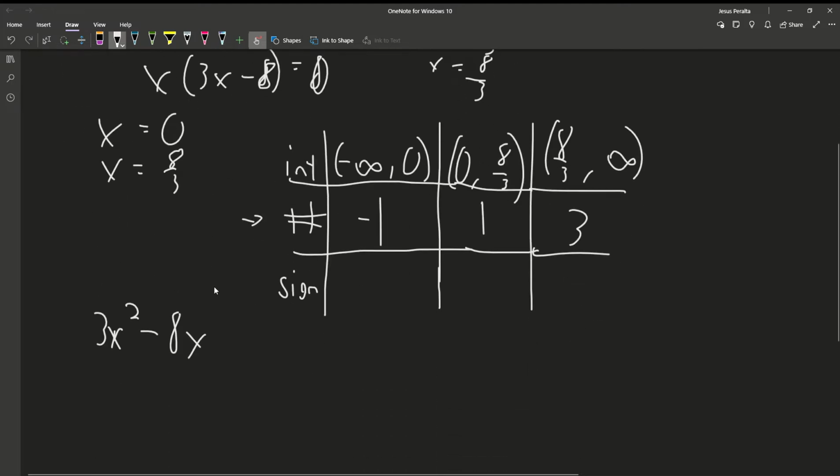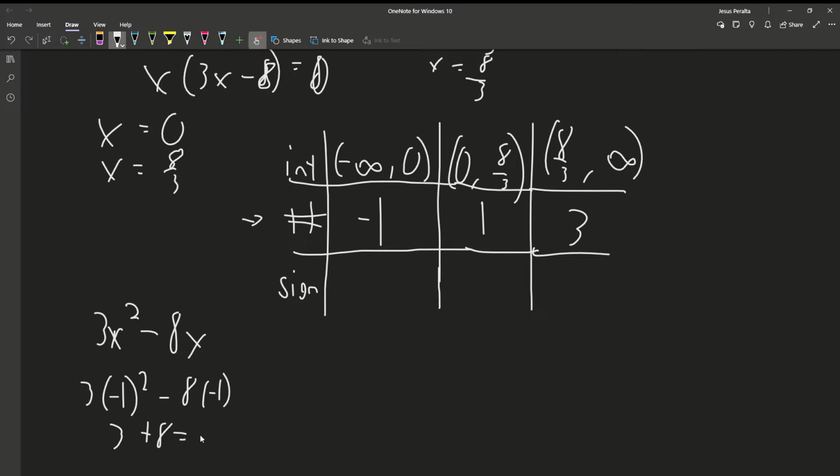Yes. We plug in negative 1, we get 3 times negative 1 squared minus 8 times negative 1. And we get 3, because that's going to turn into a positive 1. You multiply it, and that's going to turn into a positive 8, and that's going to give you 11, which is a positive number.